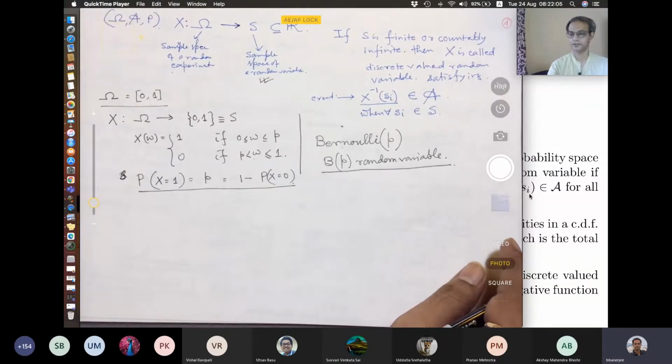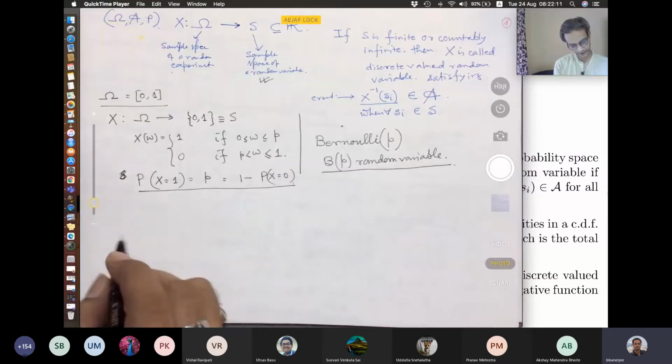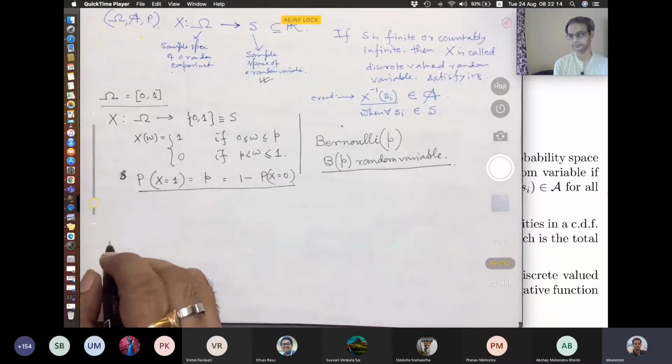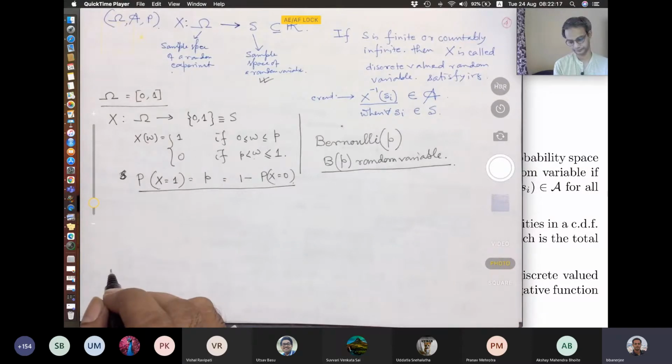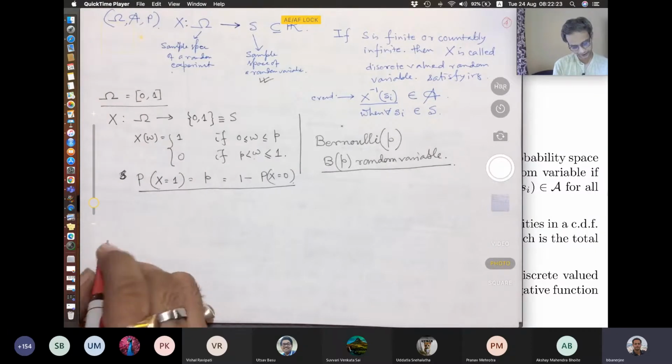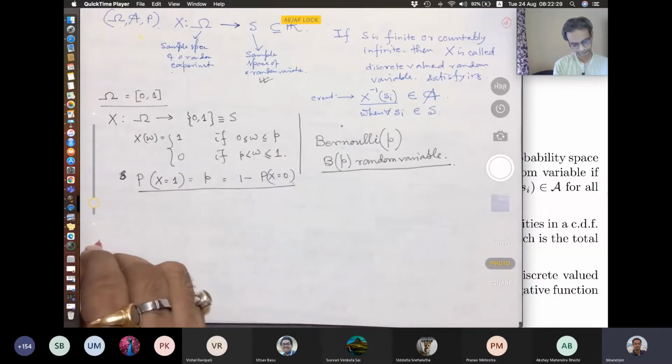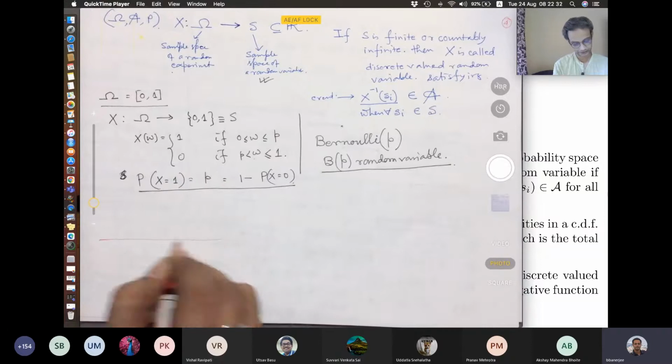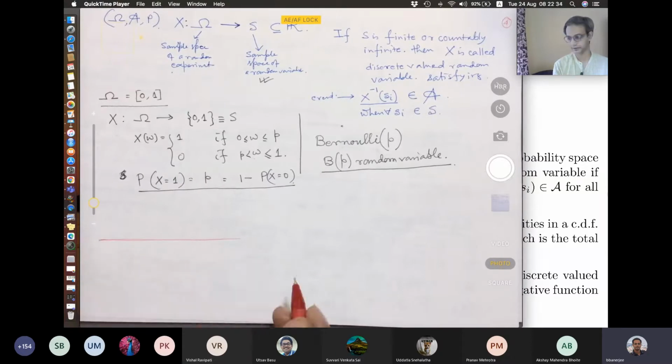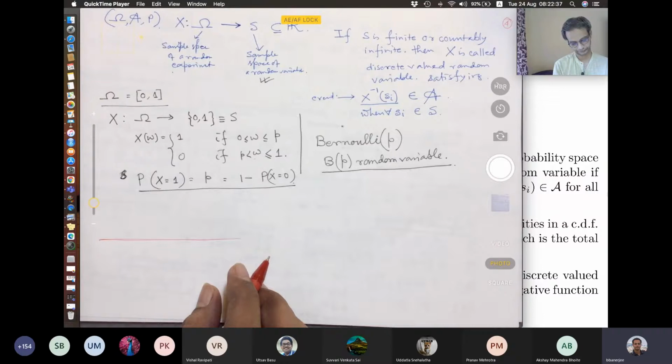Okay. So to characterize this discrete random variable, can you please tell me how its CDF will look like? Let us do a simple exercise. After doing the exercise of yesterday, this will be pretty simple now. How its CDF F of x will look like?